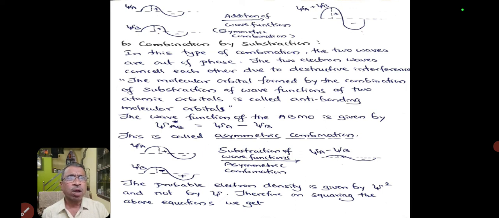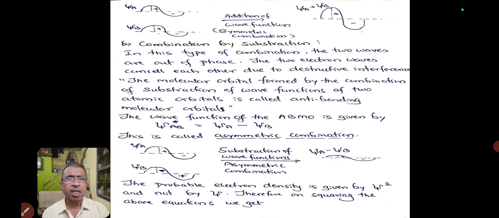The molecular orbital formed by the subtraction of wave functions of the two atomic orbitals is called the anti-bonding molecular orbital. The wave function of the anti-bonding molecular orbital is given by psi star AB equals psi A minus psi B. This is called asymmetric combination.